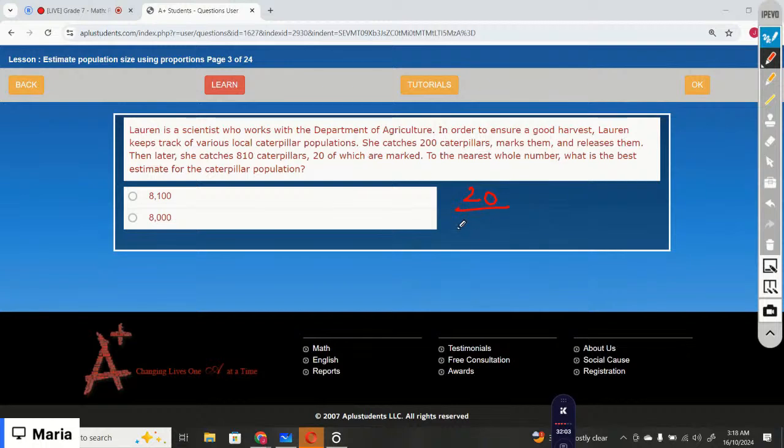So 20 were marked out of 810. So you need to calculate 200 are marked. You need to calculate the total population. So which is the correct option?